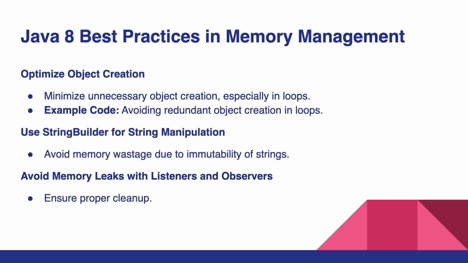Also, for string manipulations, it's best to use StringBuffer instead of concatenating strings, which is memory inefficient. Finally, avoid common memory leaks such as unclosed resources like sockets or static variables holding object references. By following these practices, we can optimize memory use and reduce the risk of memory leaks.